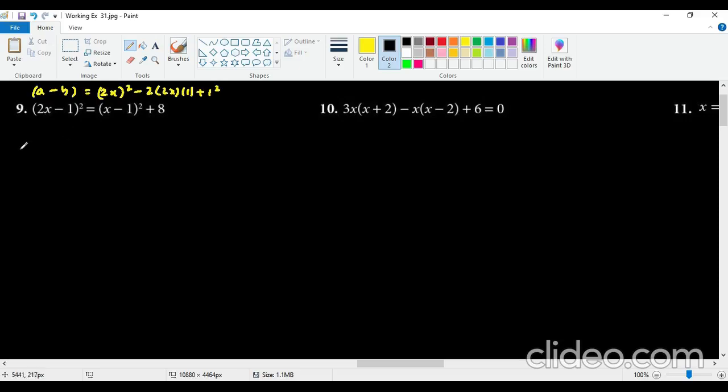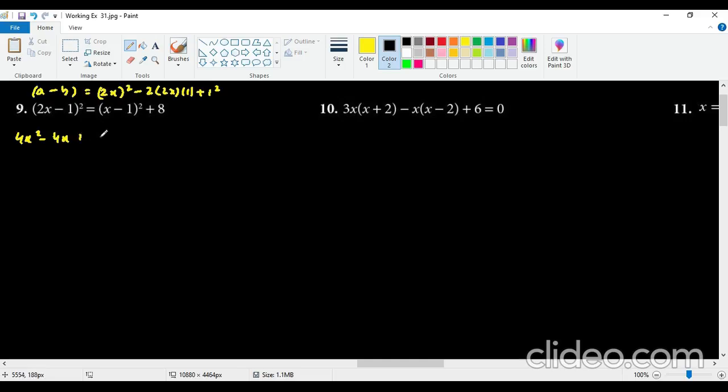So finally what we'll get is 4x square minus 4x and plus 1.